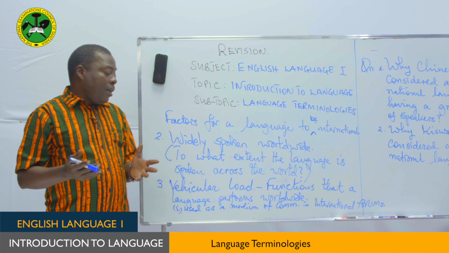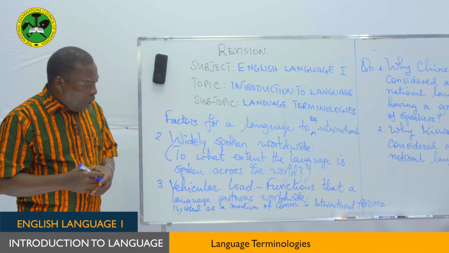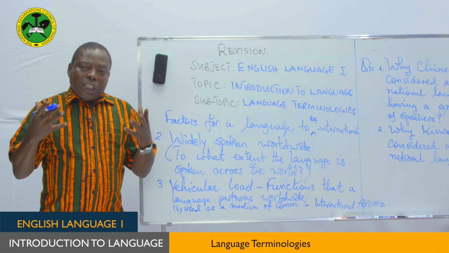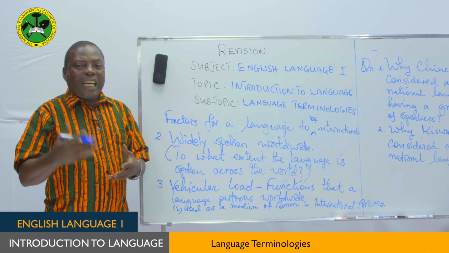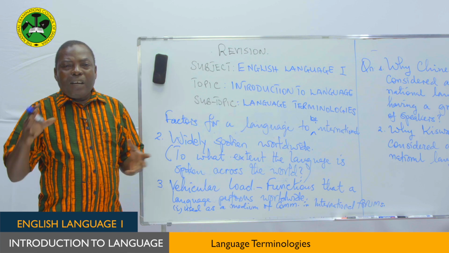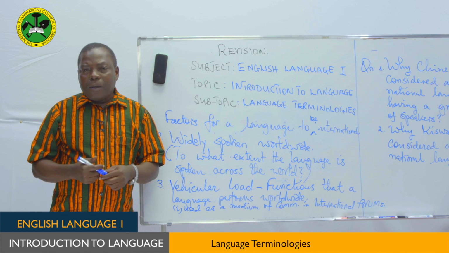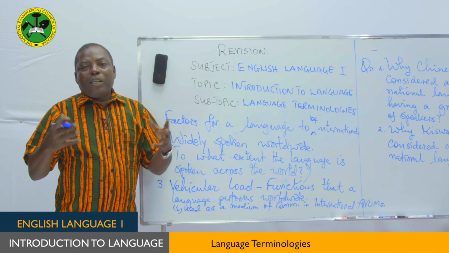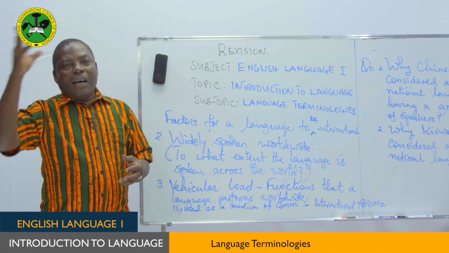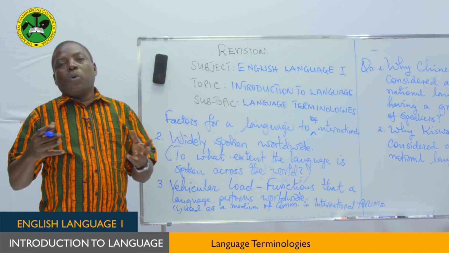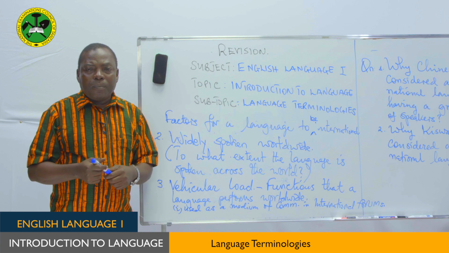But people went further, saying that because of this new technology, the so-called science and technology, we have a lot of different news or different equipment which might be invented in other countries whose language is not international.